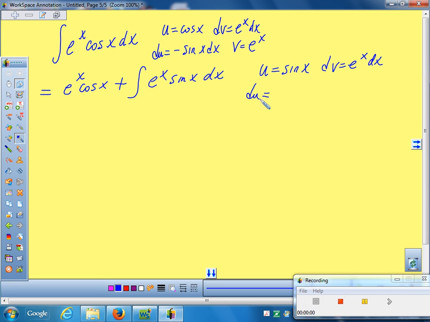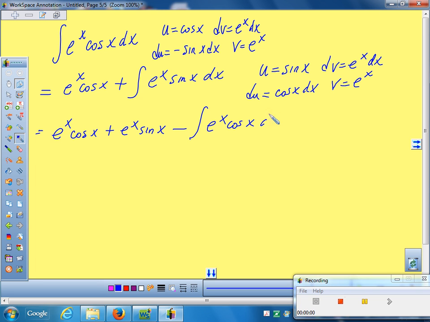The derivative is positive cosine, yes. And v is just going to be e to the x. So I'm going to have first, then when I do another uv, I'll have a positive e to the x sine x minus the integration of the bottom two, e to the x cosine of x.